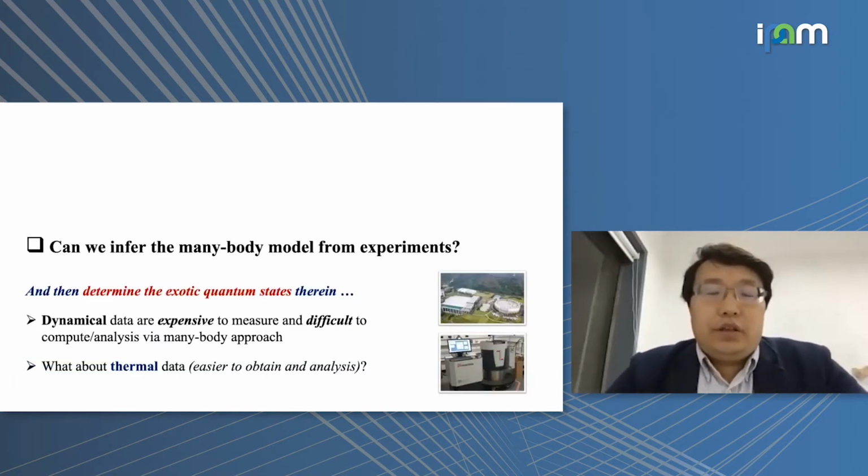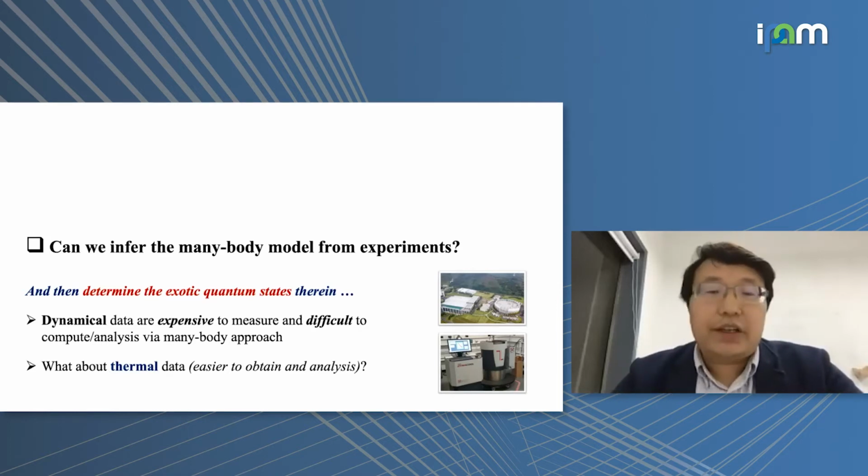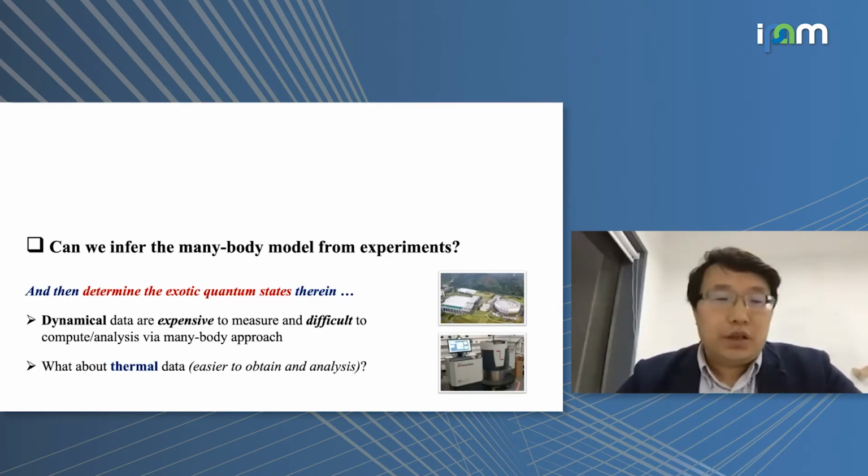So can we actually infer the many-body model from experimental data? Roughly speaking, there are two classes of data available in quantum magnet studies.